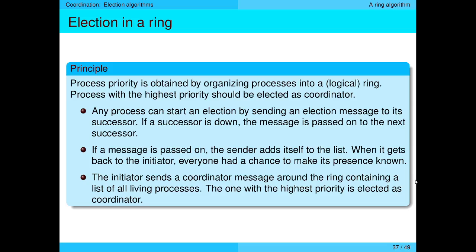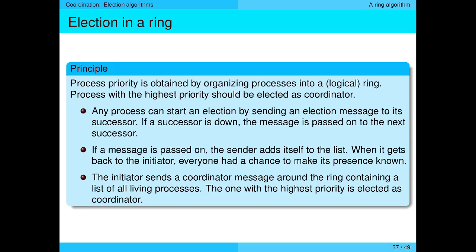Now something that we have to see is election in a ring. Here it is priority based. In a ring you will find out which processes are up, and among them the one whose priority is more will become the coordinator. Very simple.